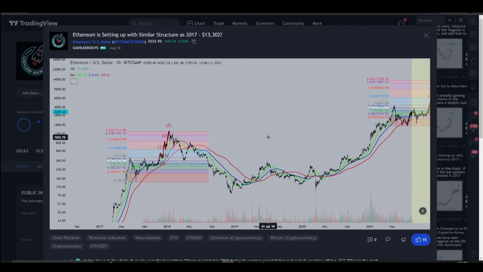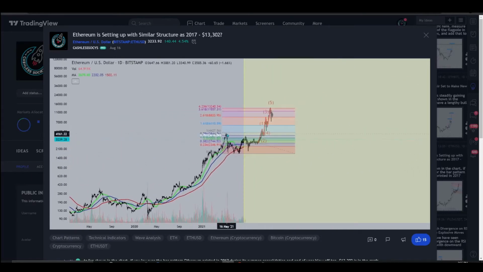Also, what's interesting is it's aligning on the same time frame. So the top came in June, and then it dumped, came back and retested this area in August, which is almost what we're doing here. We dumped mid-May and are coming back to retest it in August.